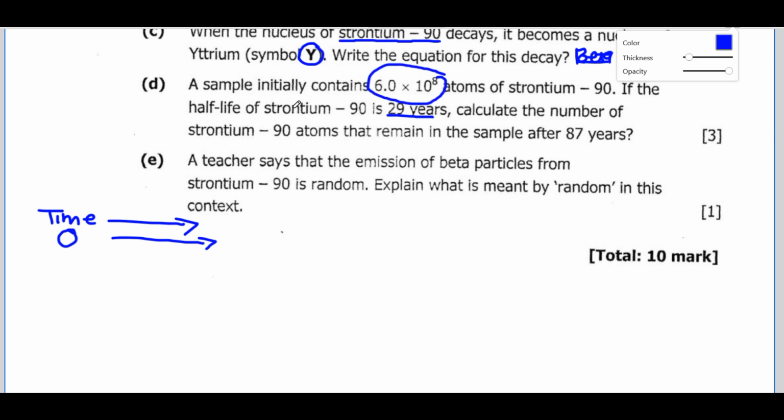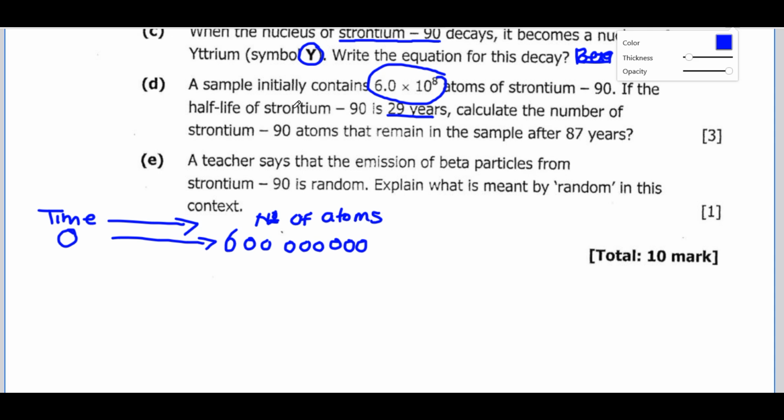Instead of writing 6.0 times 10 raised to the power 8, I can write it as the actual number. Since we have raised to the power 8, it means we need 8 zeros, right? So before the decaying, the number of atoms was 800 million.